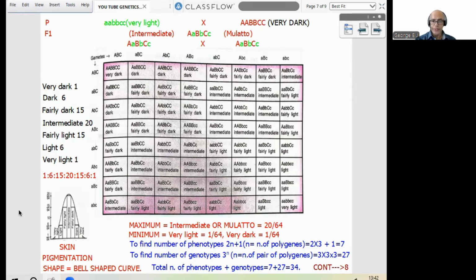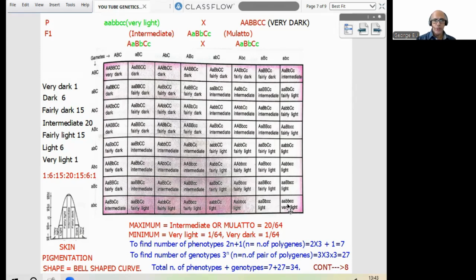If it is 2 dominants, it is fairly light. If it has a single dominant, it will be light, and no dominance, very light. So that way you can remember: very dark, all dominant; dark, 5 dominants; fairly dark, 4 dominants; intermediate, 3 dominants; fairly light, 2 dominants; light, 1 dominant; very light, no dominance at all. This way you can remember it.